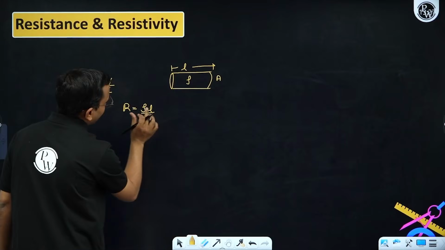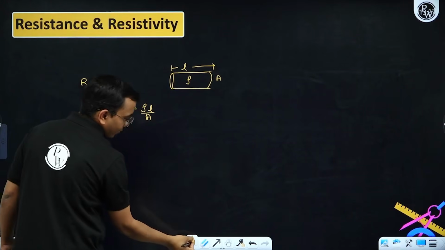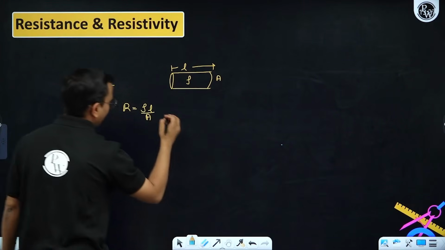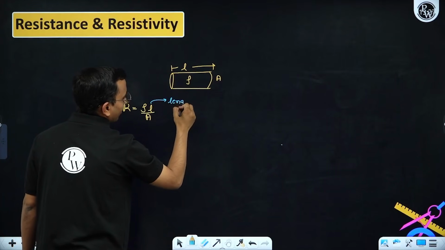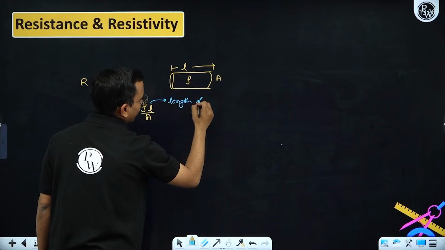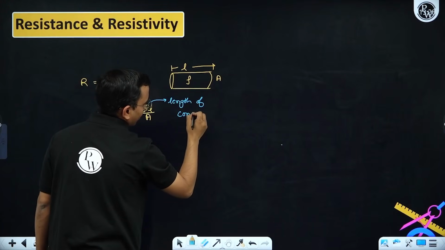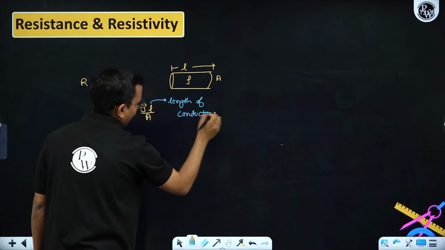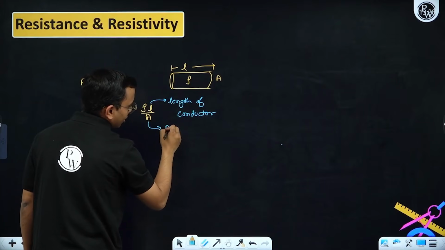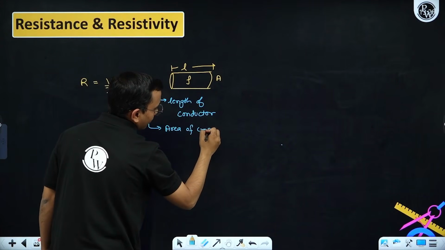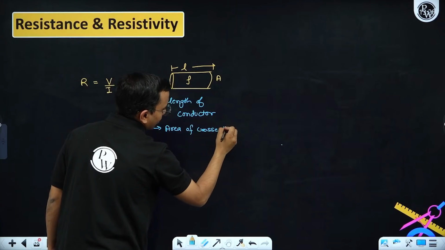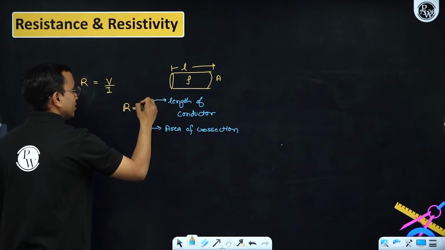Now here, this L is the length of the conductor, A is the area of cross section, and rho is the resistivity.